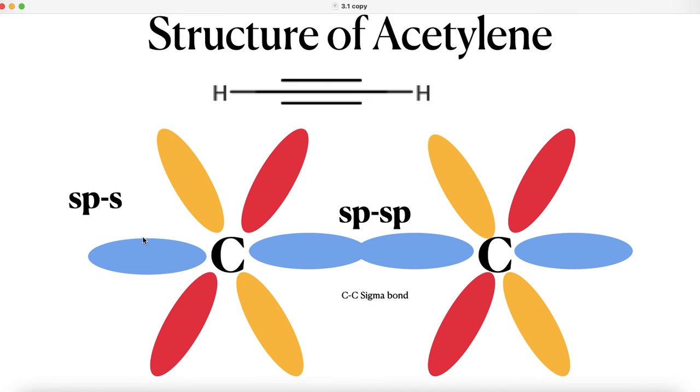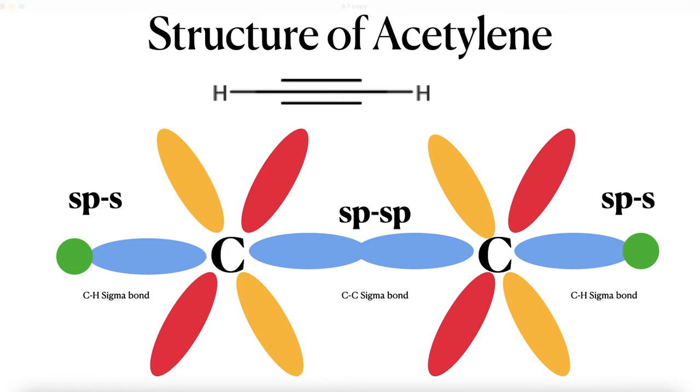The remaining sp hybrid orbital of each carbon combines with one s orbital of hydrogen. It leads to the formation of one C-H sigma bond on each carbon. This is the sigma framework of acetylene.